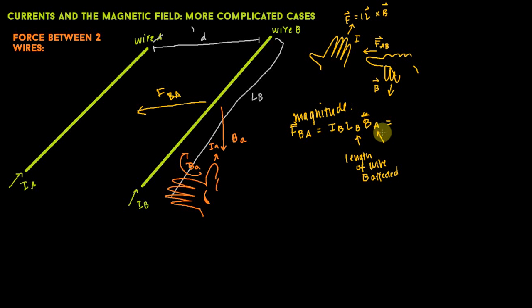And then this is the magnetic field of A at wire B.